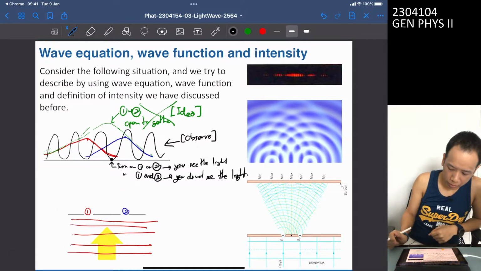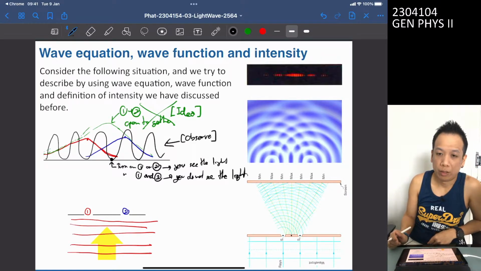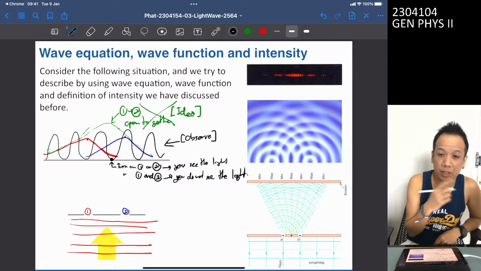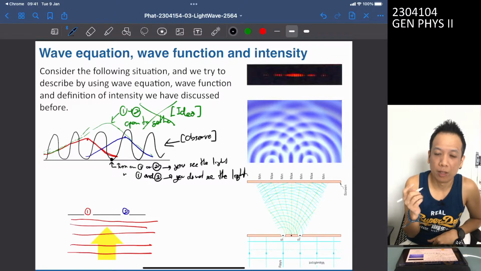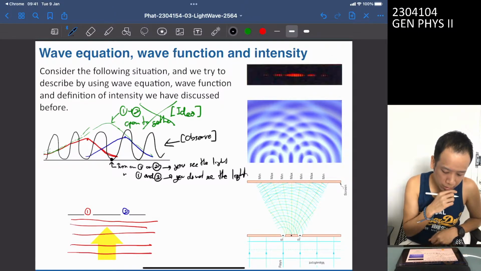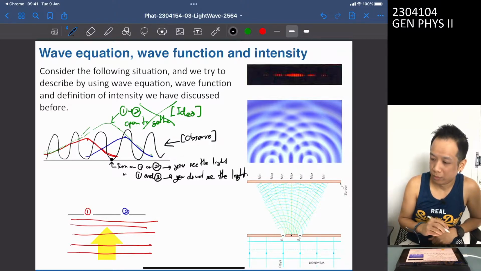So what we're going to do is start from what you have learned before, actually in the last lectures. You started to learn it in the first semester, but in the last lecture you also learned about the wave, right? So, the wave equation.